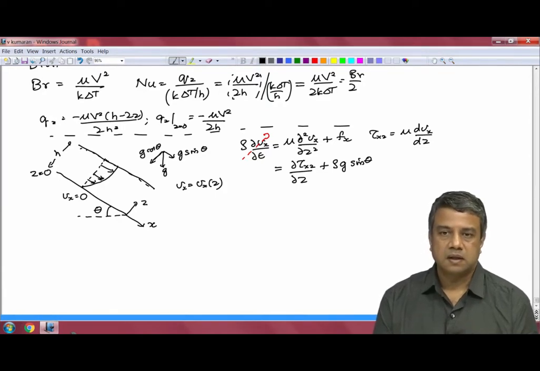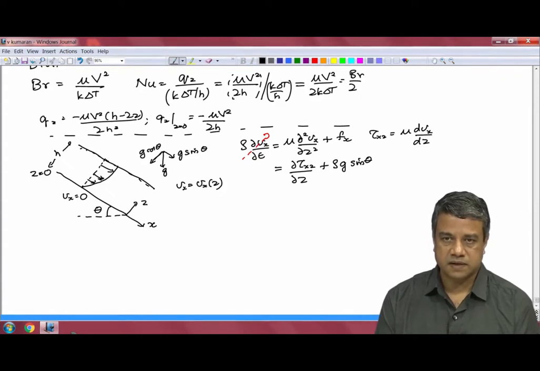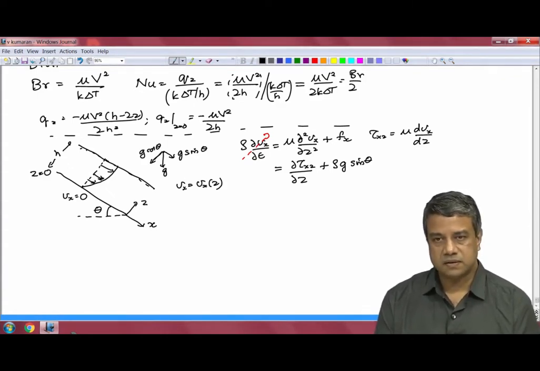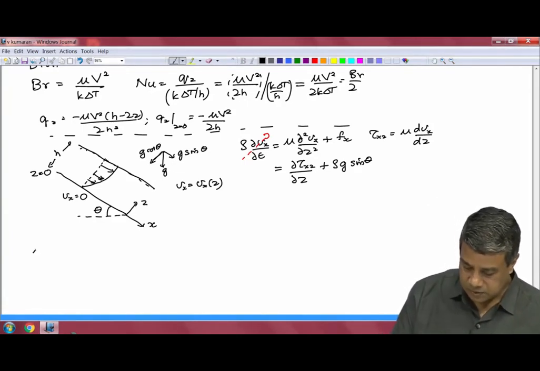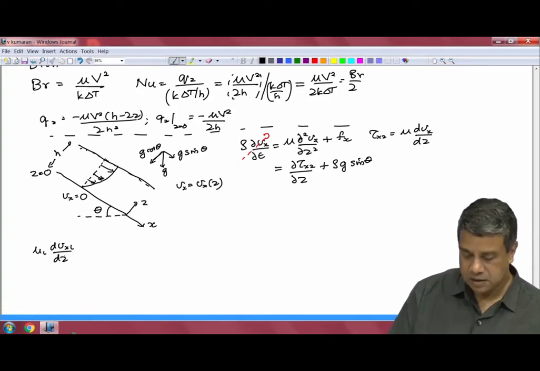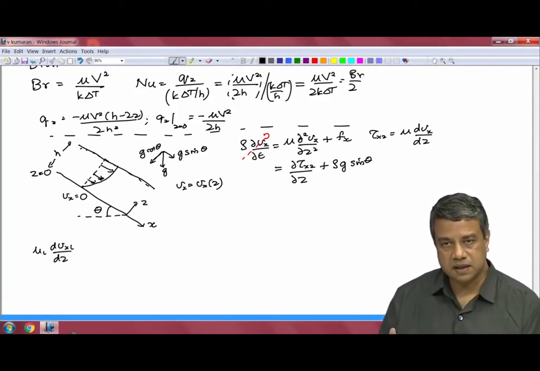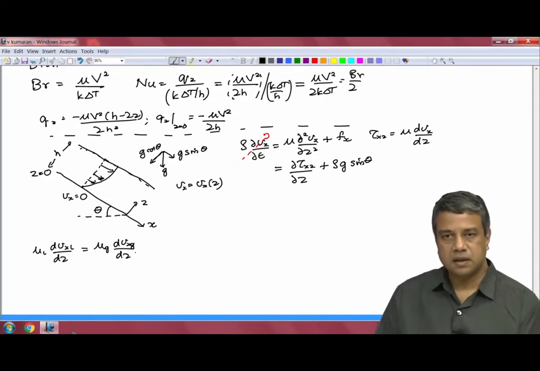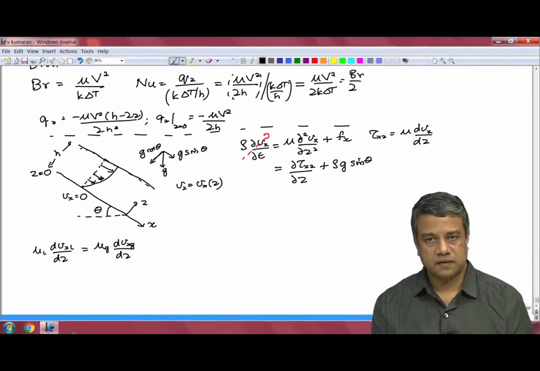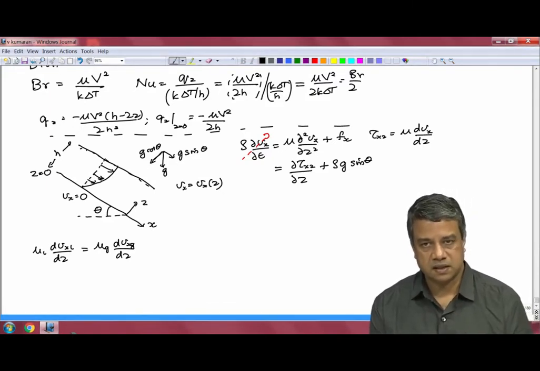So, if the viscosity of the liquid is much larger than the viscosity of the gas, at the interface you have to have a continuity of stress. You have mu liquid times dVx in the liquid by dz, the stress on the liquid side at the interface, equal to the stress at the interface on the gas side.